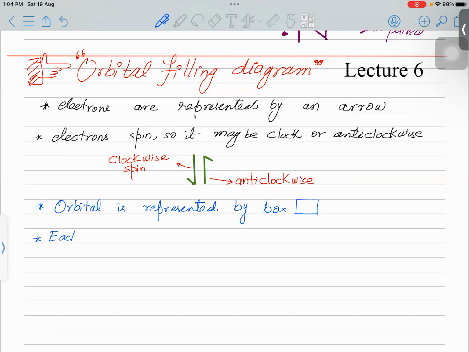Each orbital, means box, has maximum 2 electrons. But these are the rules applied when we draw orbital filling diagram.